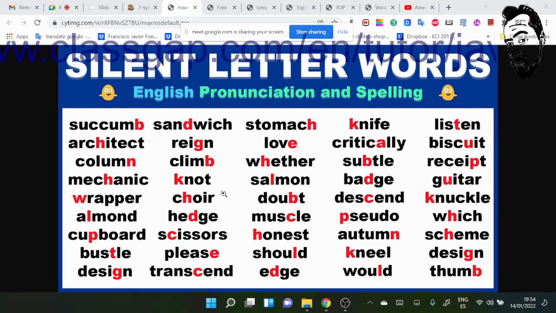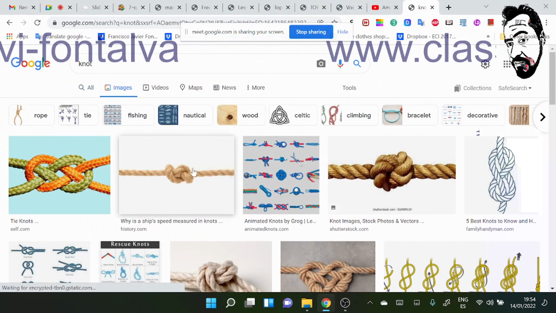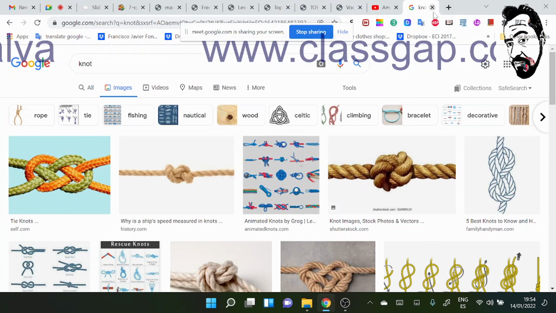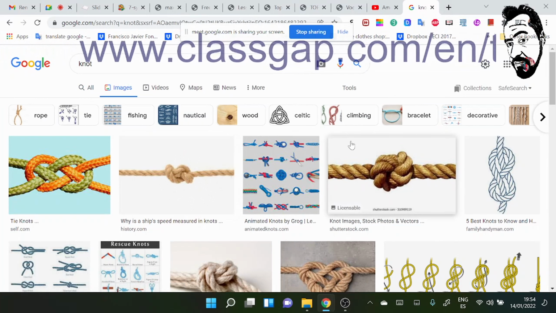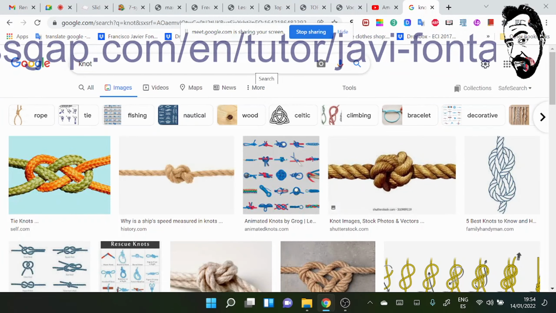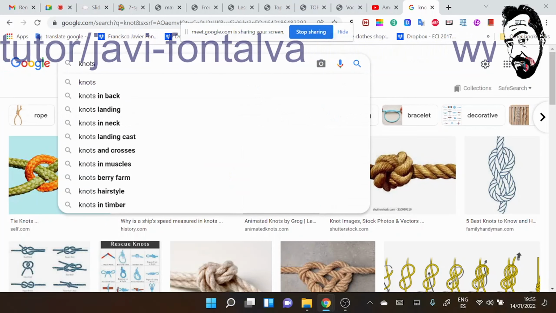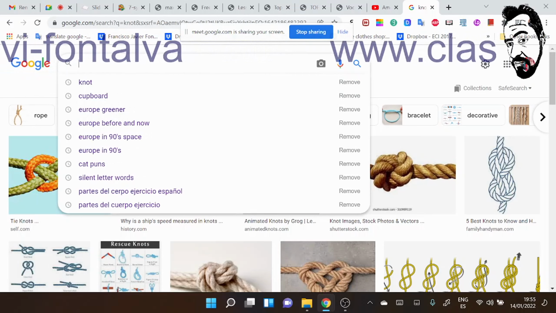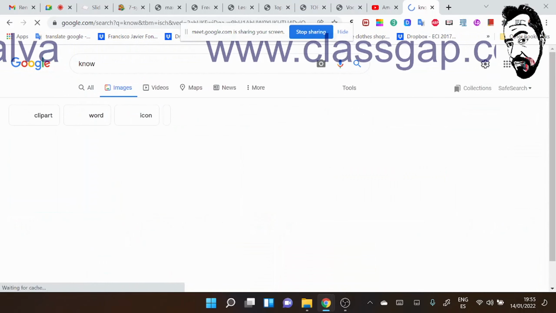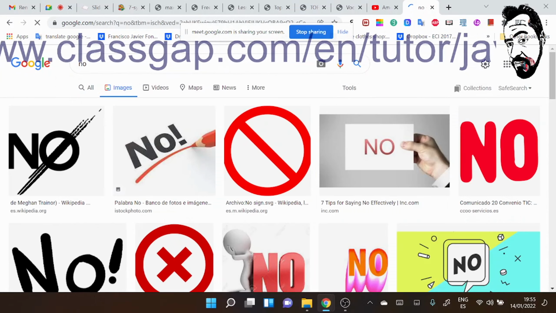Knot. So the K is silent. This is a knot. And in the verb know, we don't say it with the K. It's just like N-O in English, it's the same pronunciation.